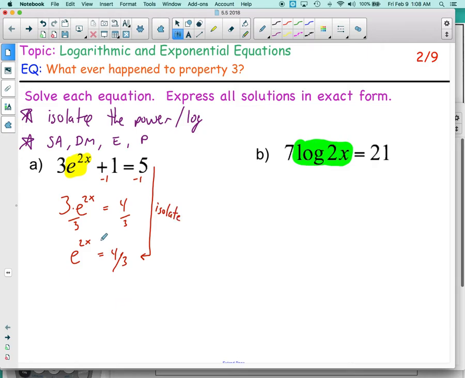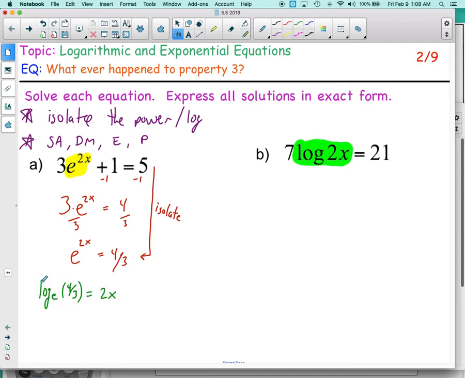Well, how do we solve an exponential equation? You guys just took a quiz over that. We transform it into a logarithmic equation. So the base of the power becomes the base of the log. So this becomes log base e. The answer becomes the argument, and I'm going to put that in parentheses since it's a fraction. And then the exponent becomes the solution to that question.